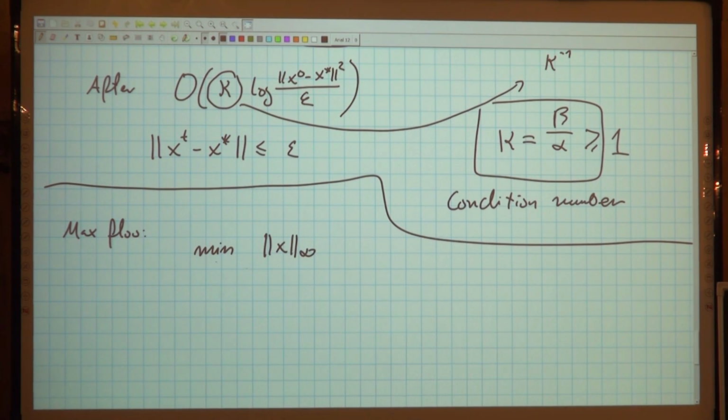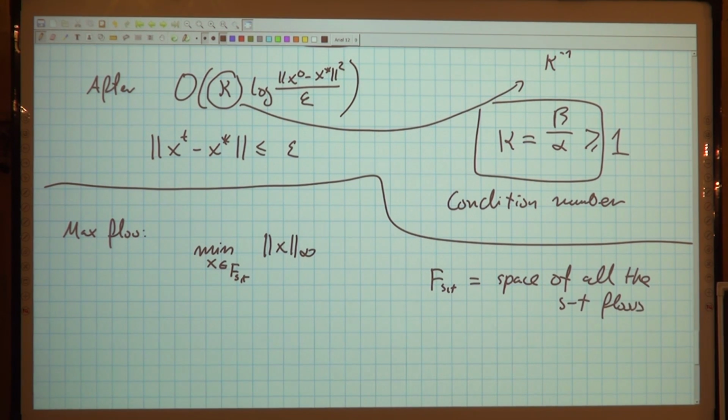So it's minimizing over x, but not over all x. It's not an unconstrained minimization. I want this x to belong to F_st, where F_st is the space of all st flows.